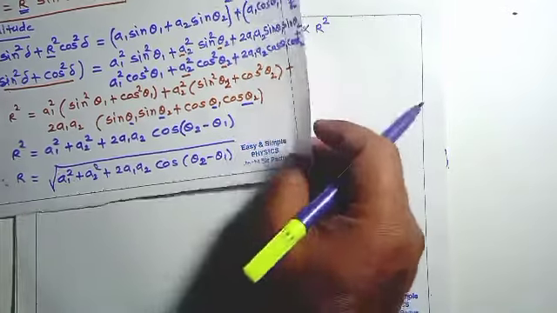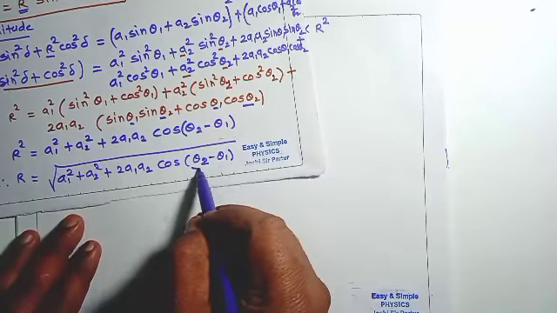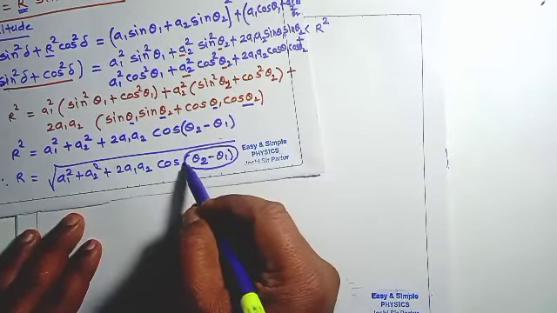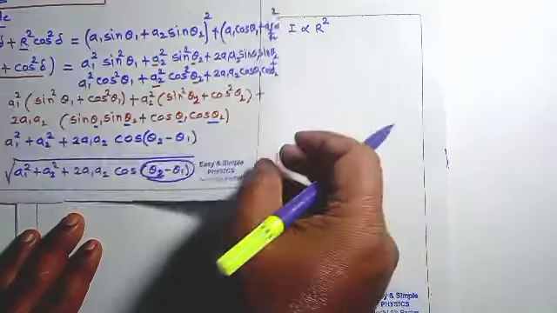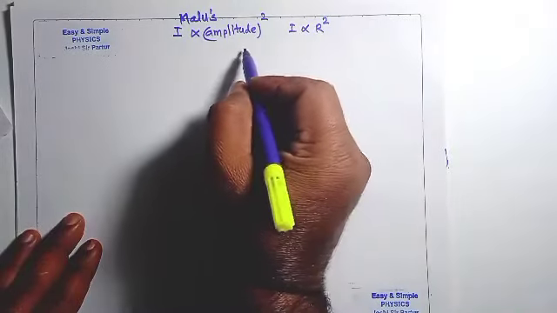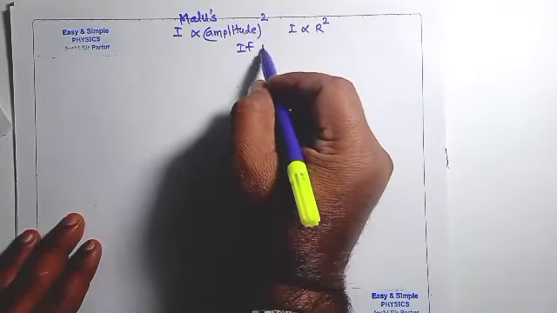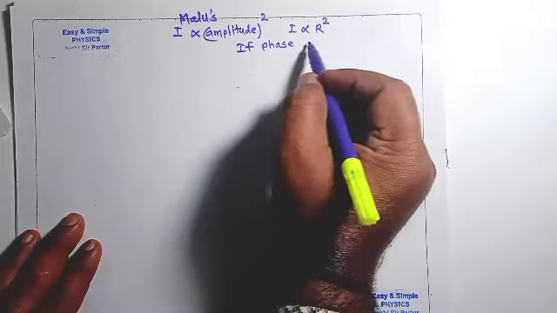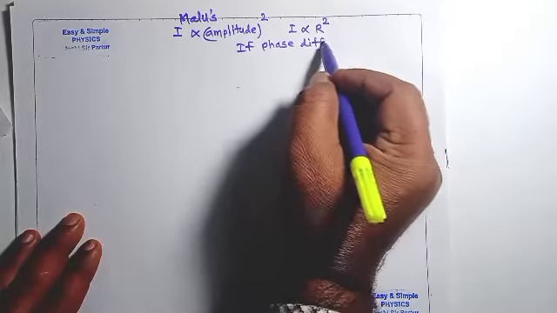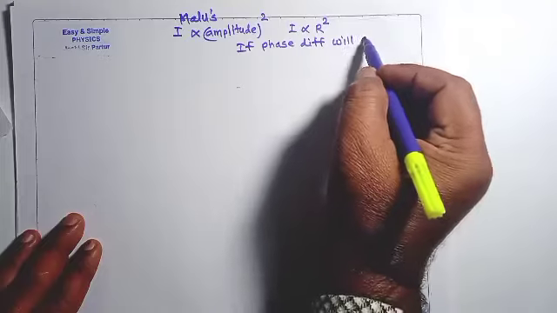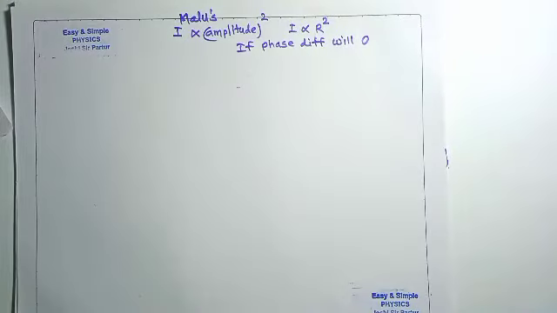If the angle theta 2 minus theta 1, that is the phase difference, will be 0, what happens?